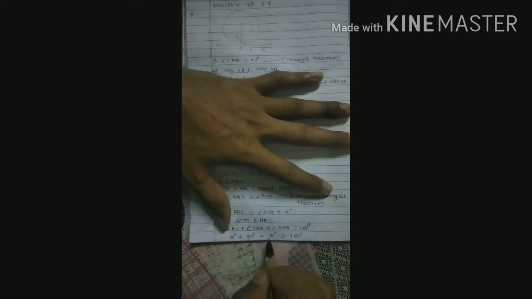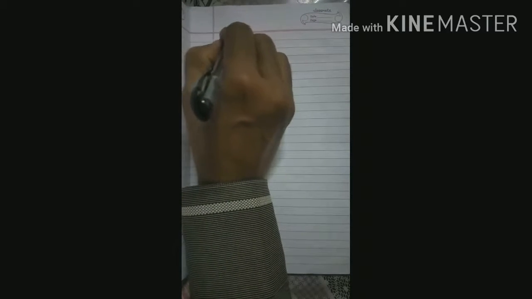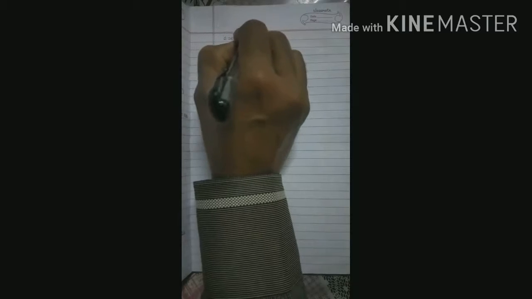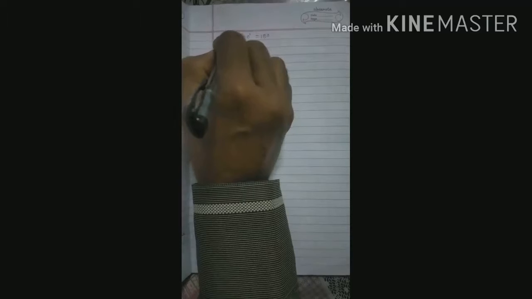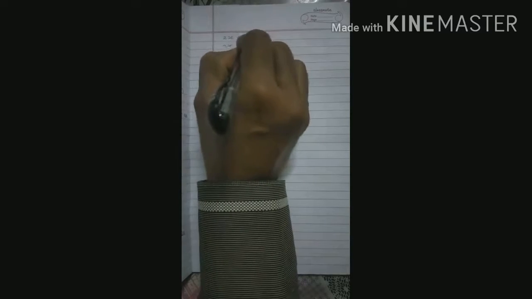Then x plus x is equal to 2x. x plus 90 degree is equal to 180 degree. Then 2x is equal to 180 degree minus 90 degree.